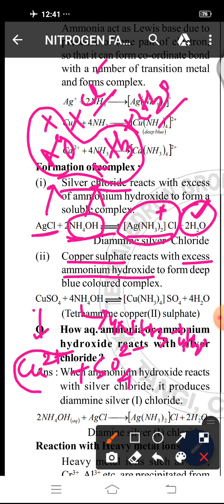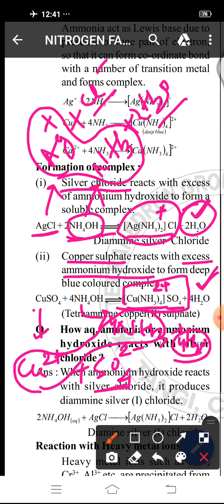Thus copper 2 plus reacts with 4 ammonia to form the cationic complex Cu(NH3)4 2 plus, and this SO4 2 minus combines with the cationic complex to form the neutral complex, and 4 water molecules are removed.